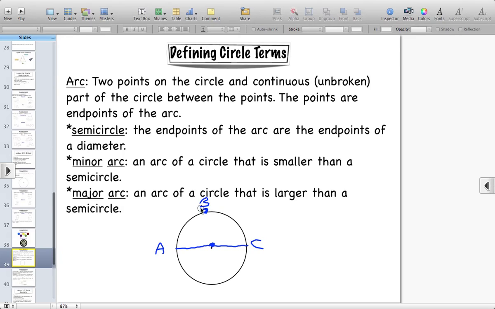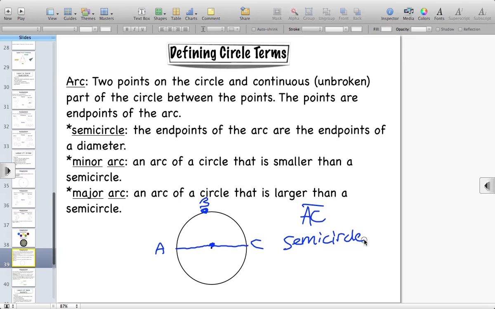All right, so for a semicircle, the endpoints of the arc are the endpoints of the diameter. So notice that AC is our diameter. To call it a semicircle, we actually wouldn't say semicircle AC. When we name a semicircle, we have to name it by 3 points.